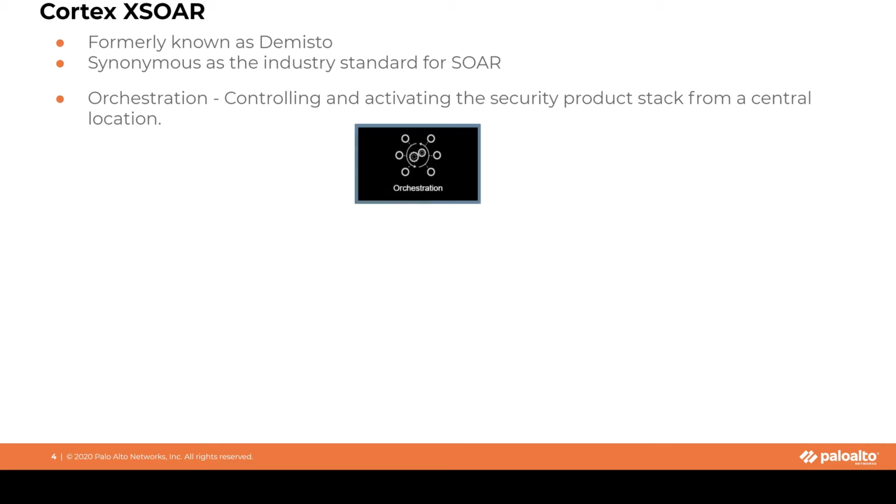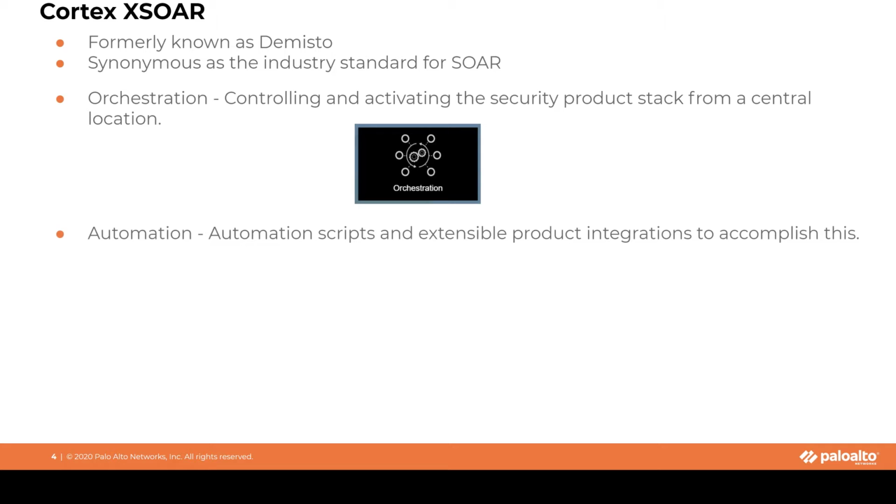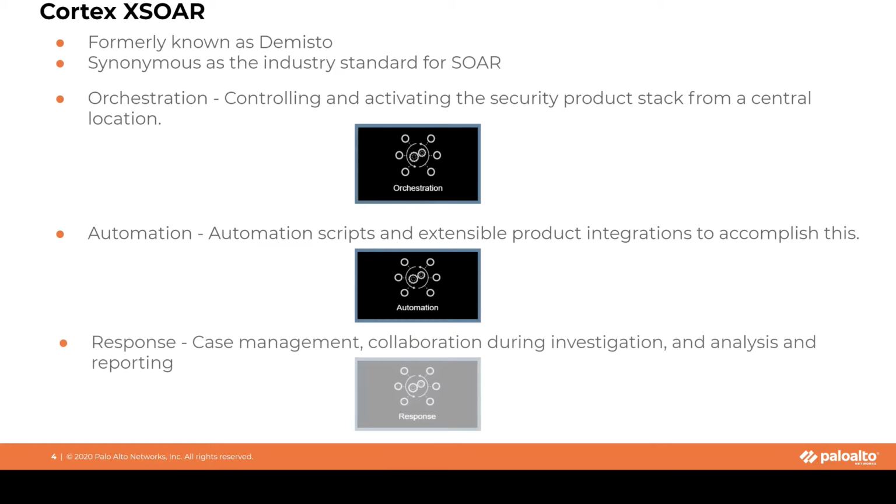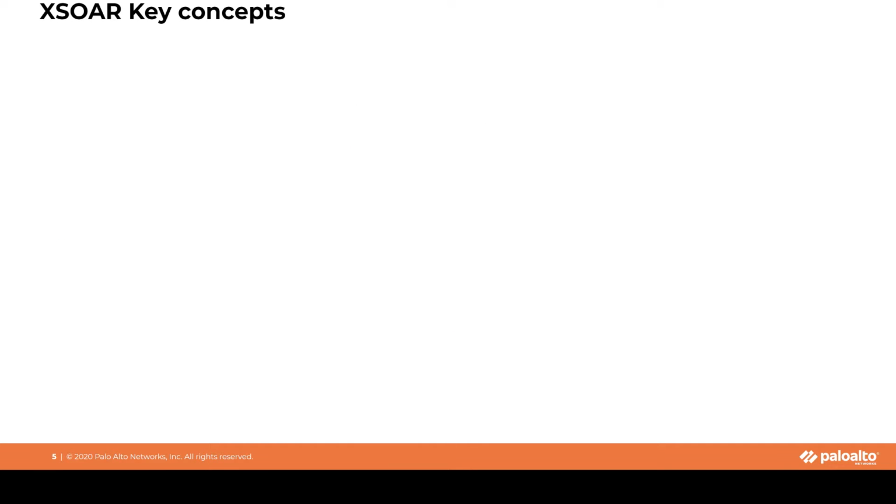Automation is to automate processes using scripts and integrations and playbooks. And finally, response is for incident management, collaboration, and investigation. We cover many aspects such as security operations, IT operations, the SOC investigation process itself, threat intel management, and many others as well.